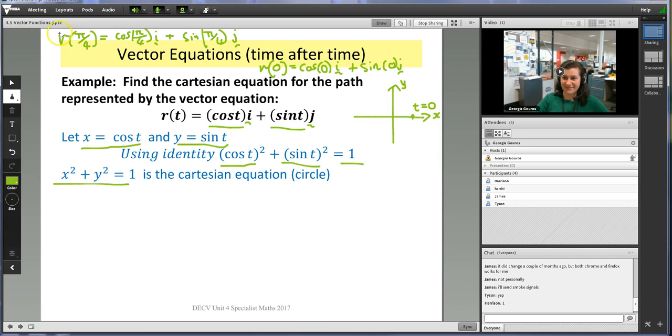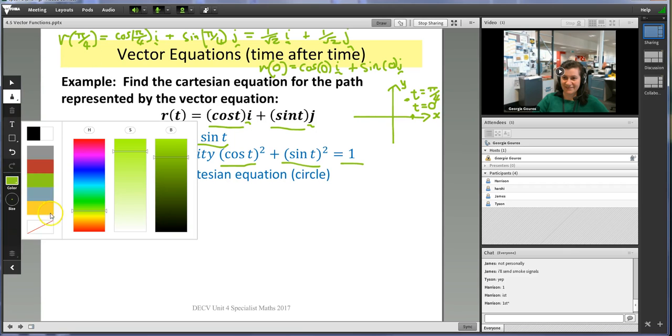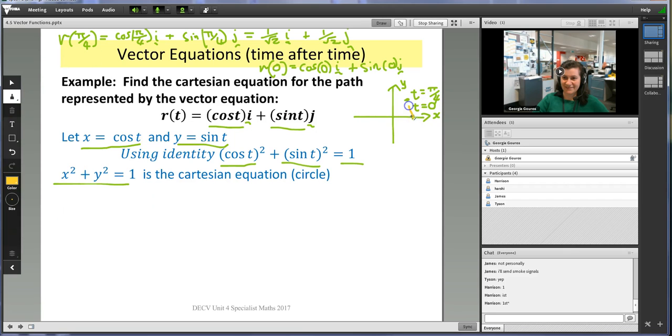Which quadrant is that going to be in? It's going to be equal to 1 on root 2 i, remembering your exact values, plus 1 on root 2 j. It's going to be over here somewhere. This is at t equals pi on 4.